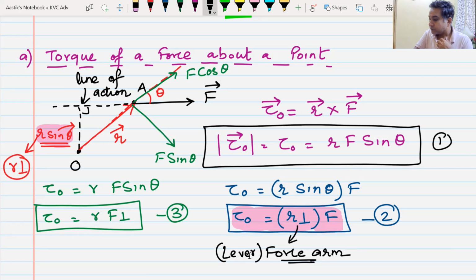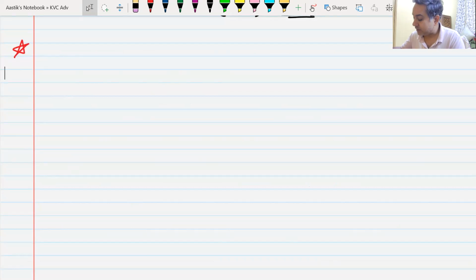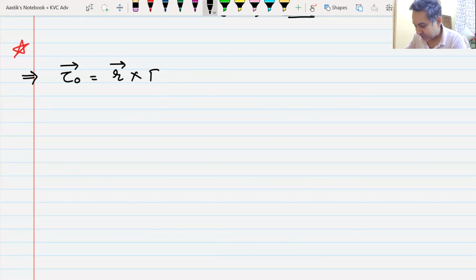Yes, sir. And we shall write the important points about this and remember them. Don't forget them. Torque of a force about a point. Point number 1. Torque of a force about a point O vectorially is given by R vector cross F vector.